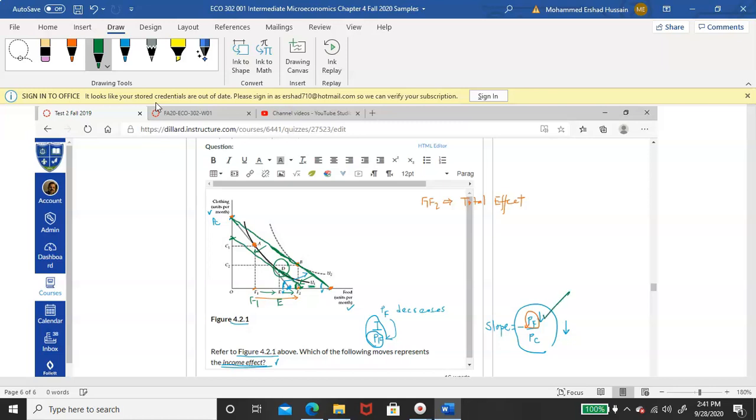The other part is E to F2. That E to F2 part is the income effect. That is the food consumption between tangent point D and tangent point B.